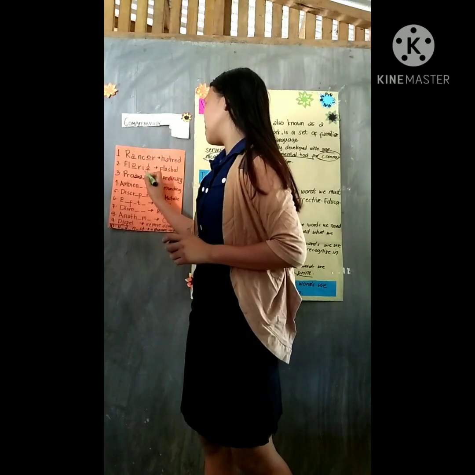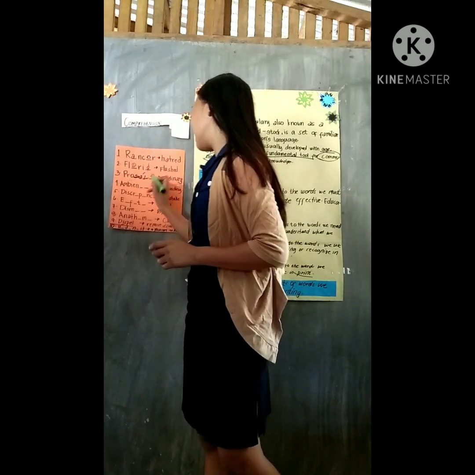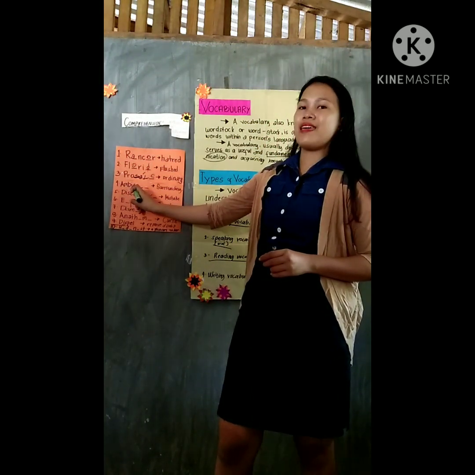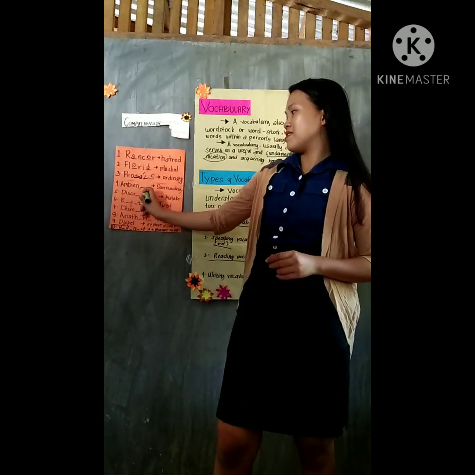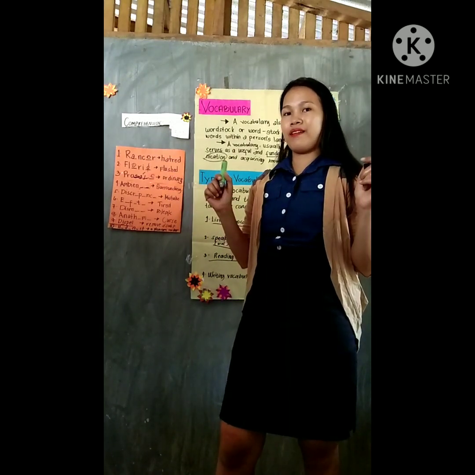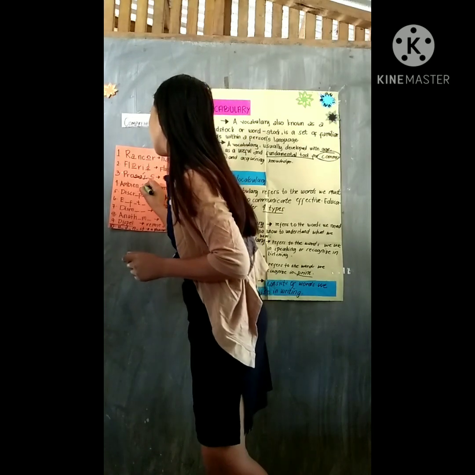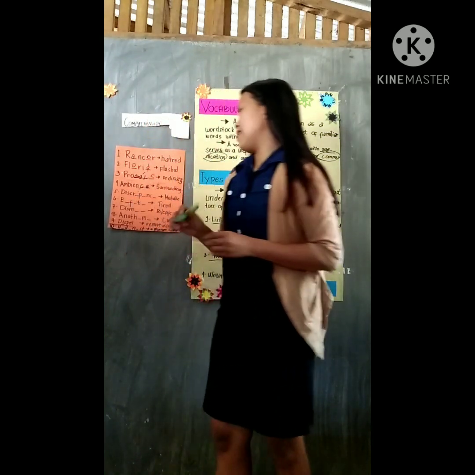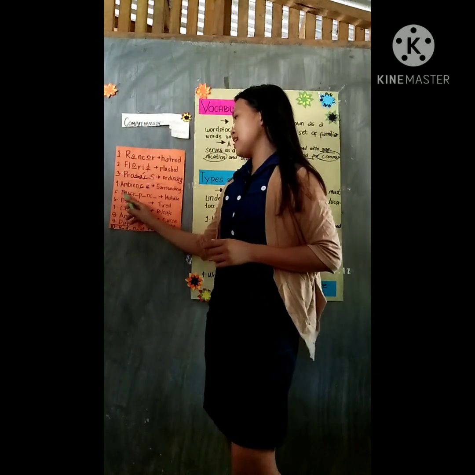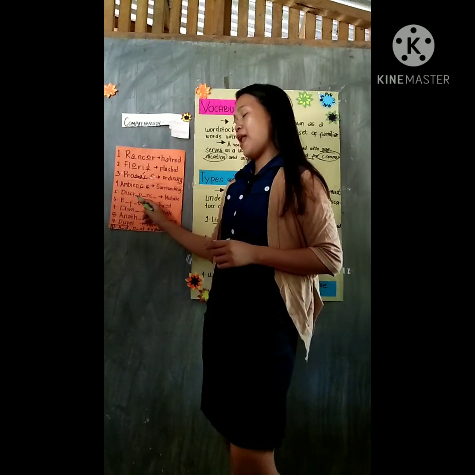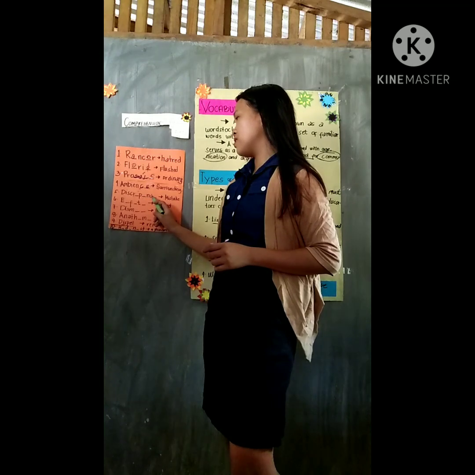Next is A M B I E N, that is a surrounding. Yes, right, that is ambience. Number 5 is D I S C R blank P blank R C blank.